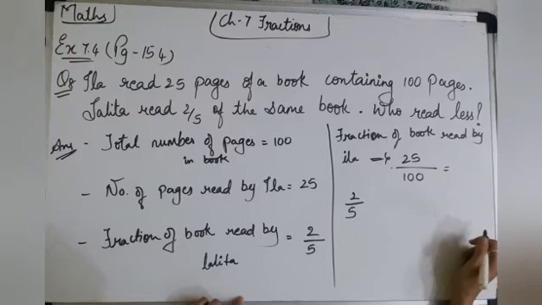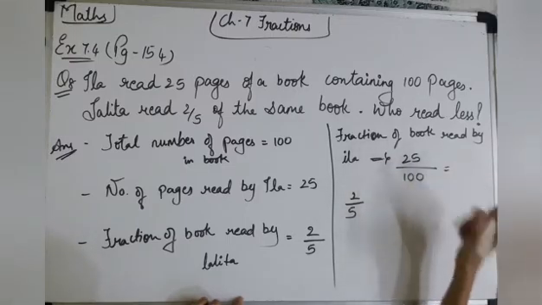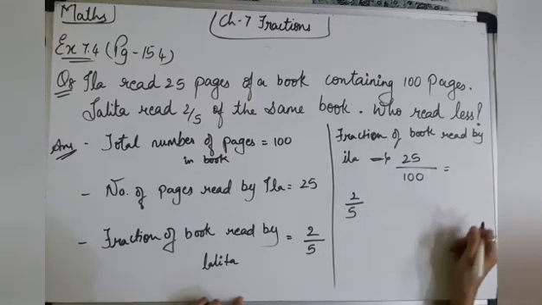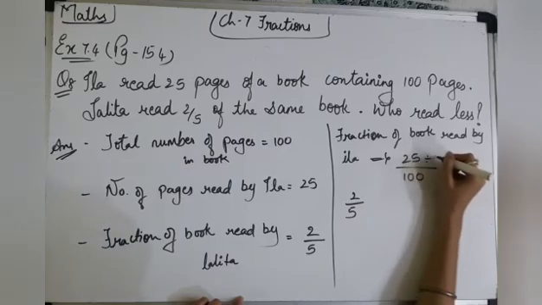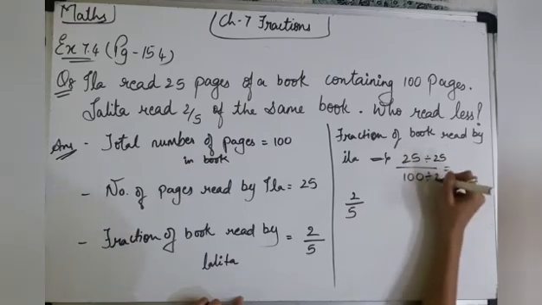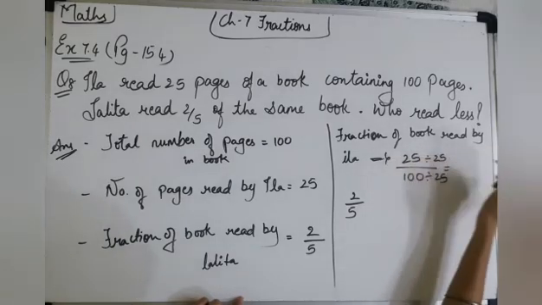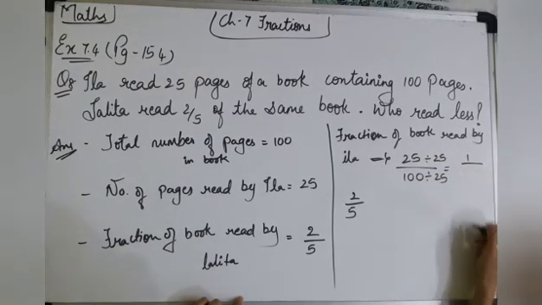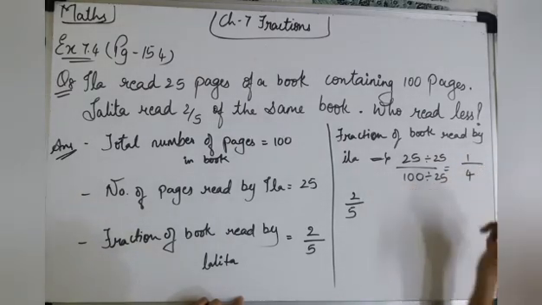Okay. So for converting into the simplest form, two methods are there. That it can be divide by 25. So you'll get 25 ones are 25 and 25 fours are 100.